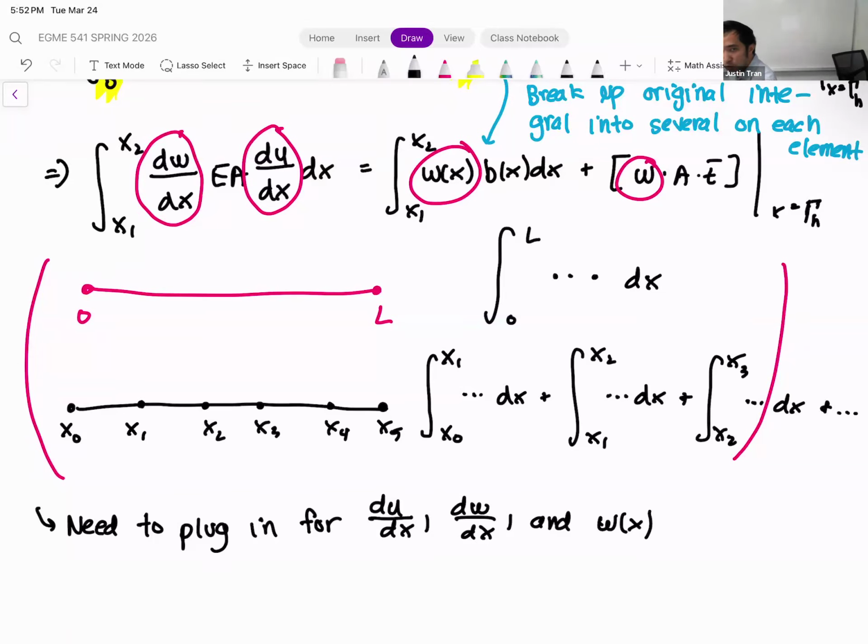So before we move forward with any integration and with any calculations, we need to plug in expressions for du and dw for this particular element.